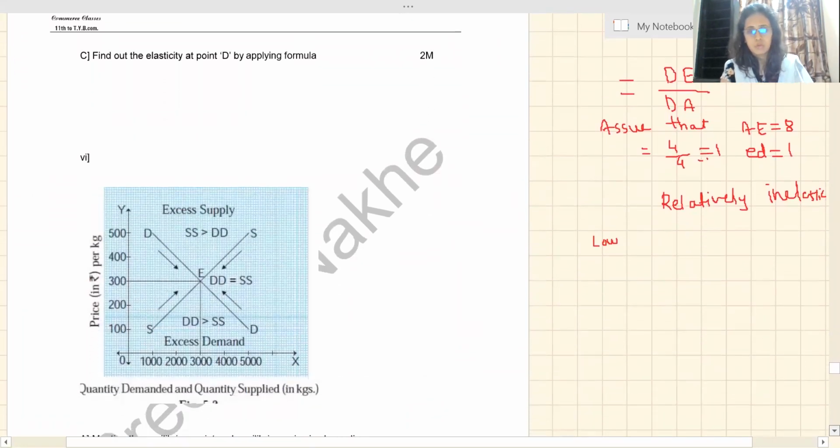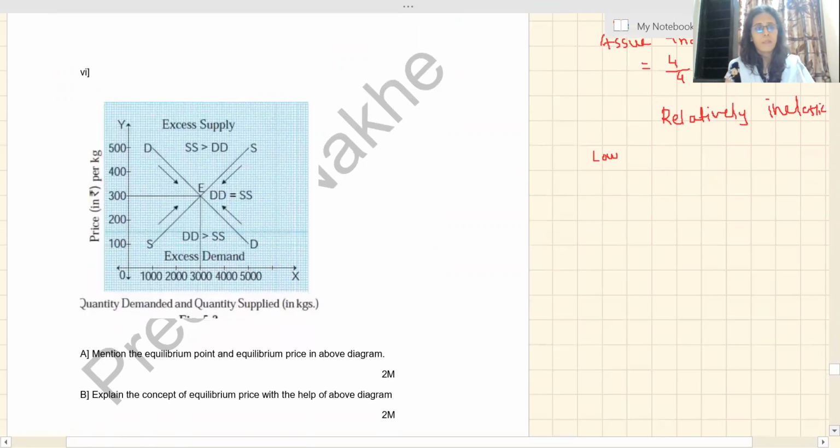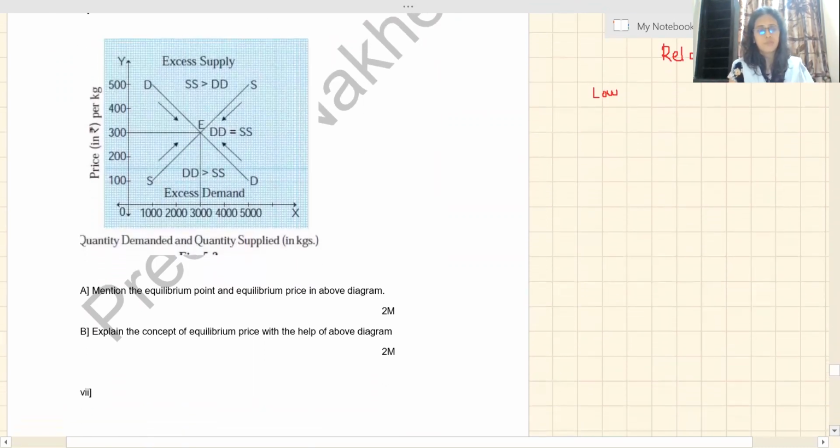Now the next question. How many questions are there? Only 2. Mention the equilibrium point and equilibrium price in the above diagram. Now you will write equilibrium point. E is the equilibrium point. So write E is equal to equilibrium point. You will write like this. And equilibrium price.